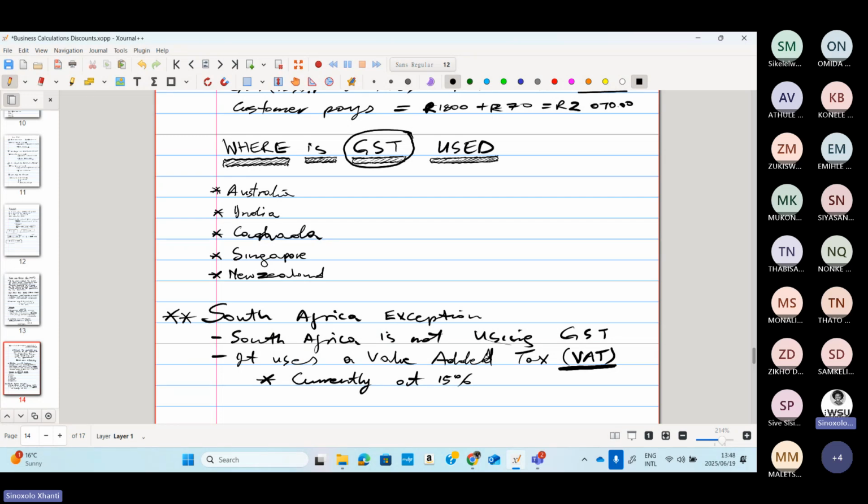Healthcare services, there is no VAT. Educational services, some financial services, exports, child care services, public transport, and residential rent, some of these don't have VAT. Also some religious services, charity and international aid, and all those things. You'll find some of these things are not taxed or are zero rated.